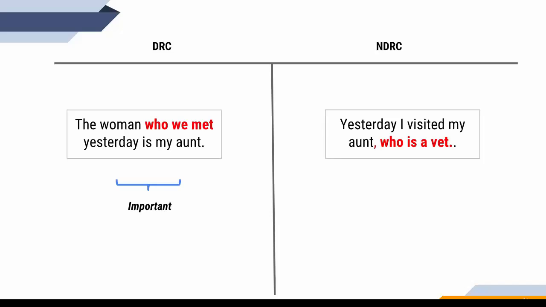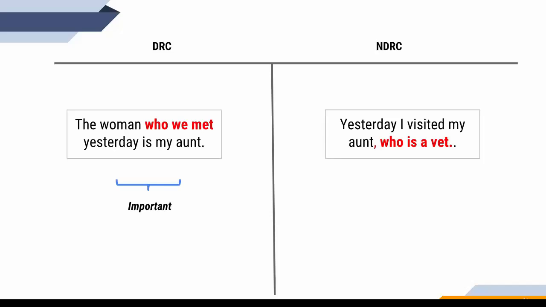It won't be understandable who you are talking about. In this case, it's clear. And this part, who we met, is important. When the part is important, it can't be skipped from the sentence, and grammatically speaking, it's called a defining relative clause.